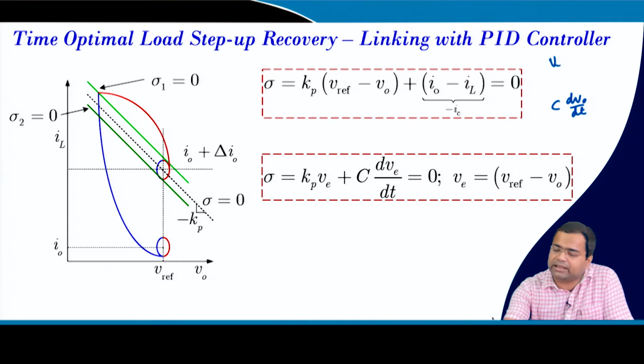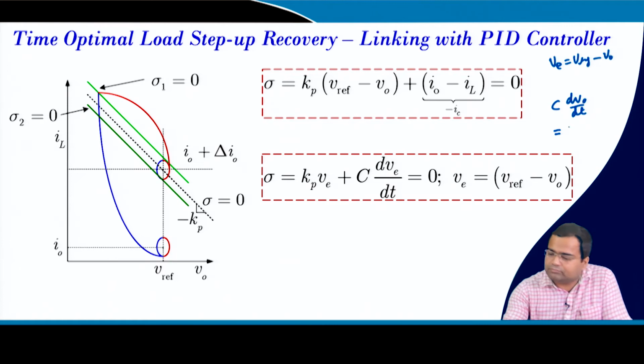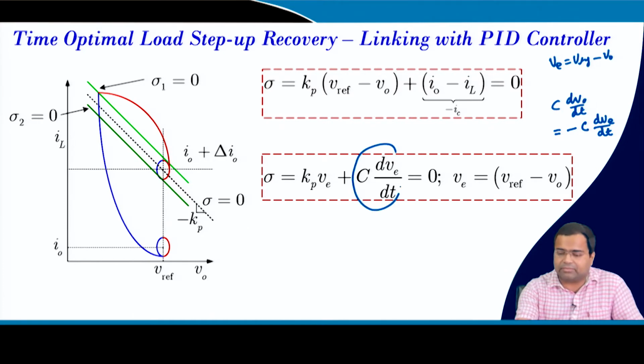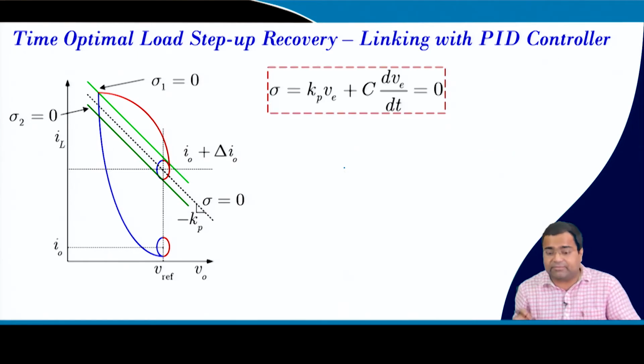We know that our error voltage is Vref minus V0. So, if Vref is constant, this can be written as minus of C dVe/dt. So, this is the capacitor current expression we have given.